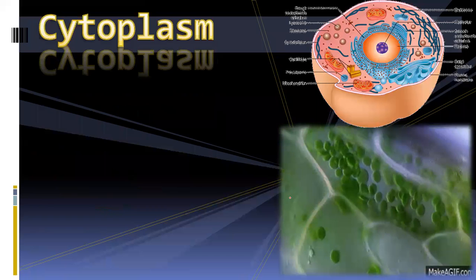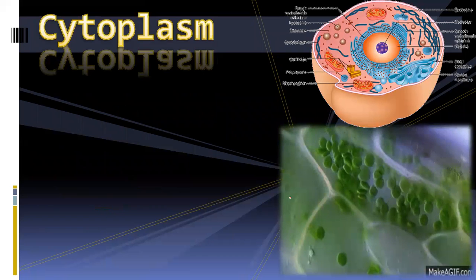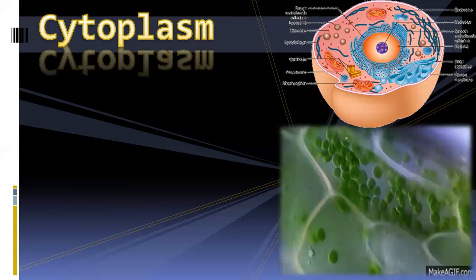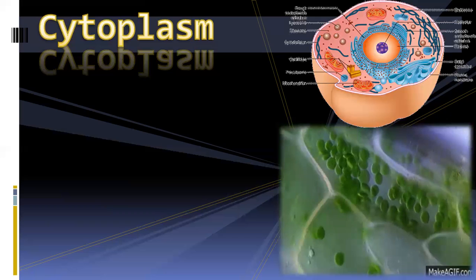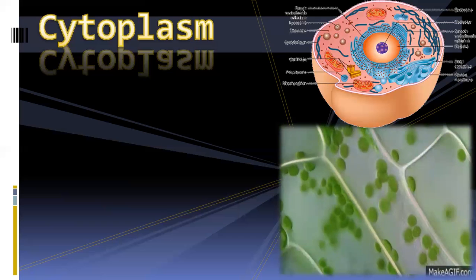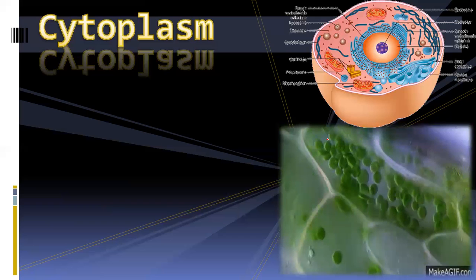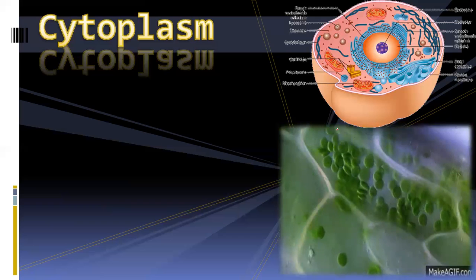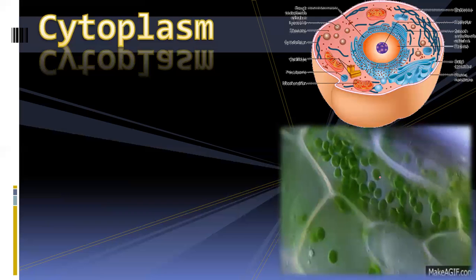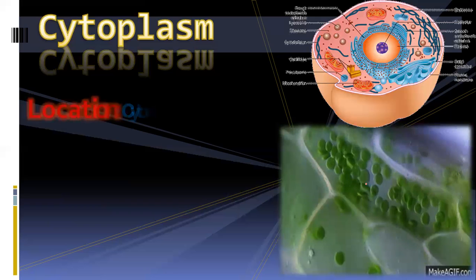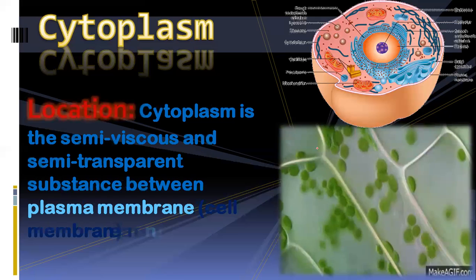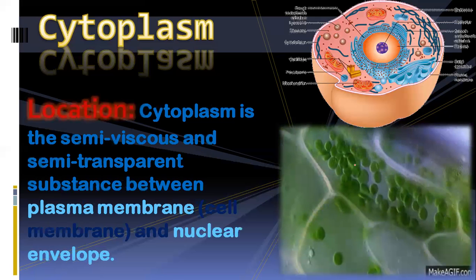Okay, the next very important cell structure, you can see here, this is a cell, and inside this pink part, this is not actually pink, this is just the diagram, there is a transparent jelly-like substance in which all the other cell organelles float. That is called cytoplasm. Its location is within the boundary of the cell membrane.